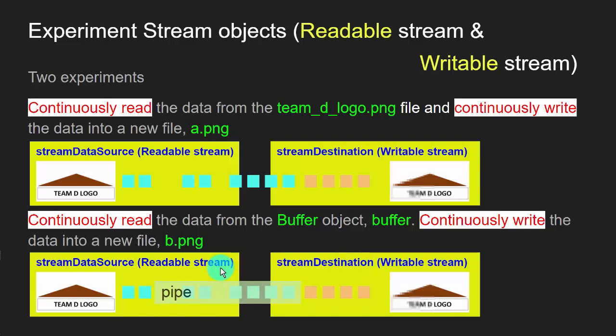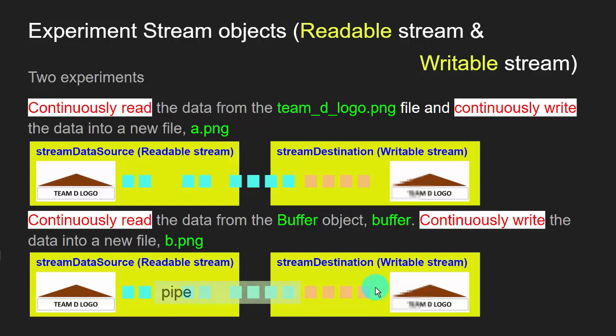again, which belongs to the readable type stream object, and that will kick off the continuous reading action of data from the source, which is the buffer variable that holds the data content, continuously and sequentially transmitting the data into the writable stream object.